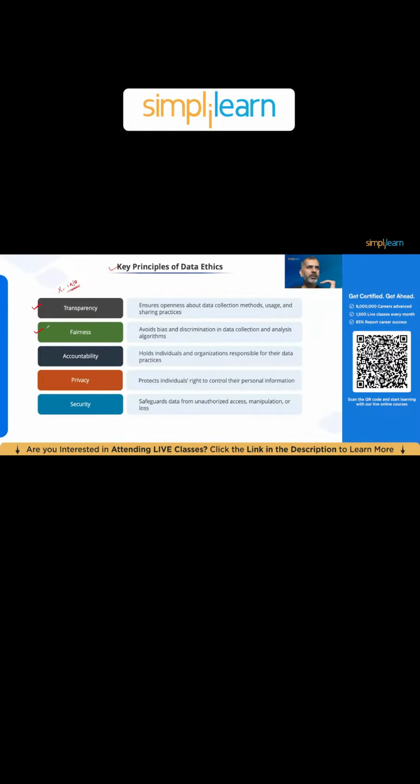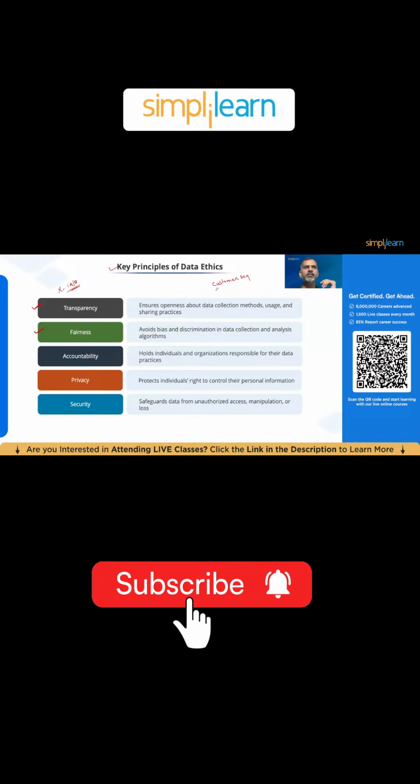Second is fairness. That means avoiding any kind of bias and discrimination in the data collection, analysis process, and algorithm. Let's suppose you are collecting data for customer segmentation. You want to conduct a study for customer segmentation, and now you are collecting data for that. While collecting data, you need to touch upon every section of the customers.